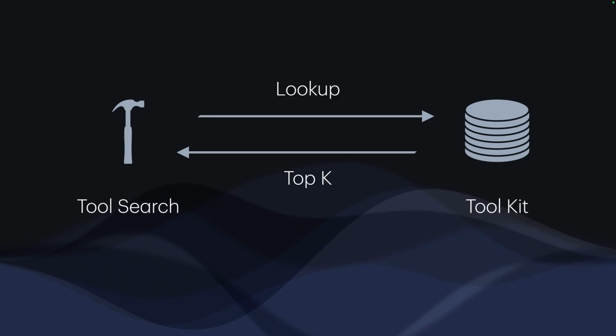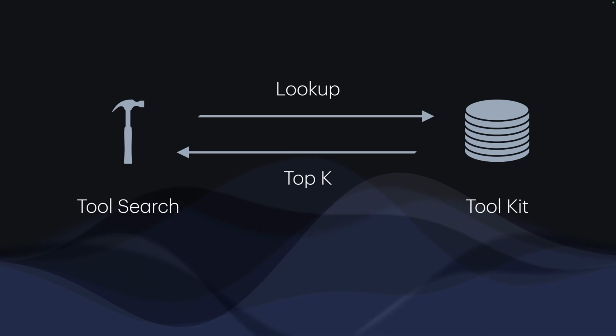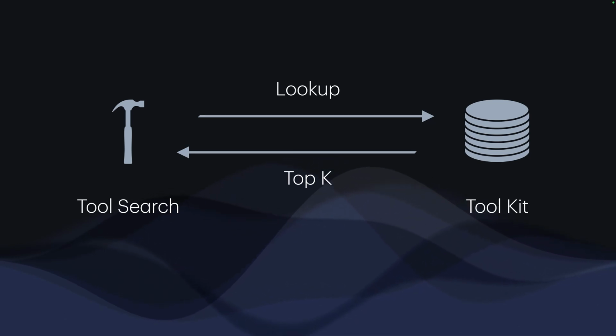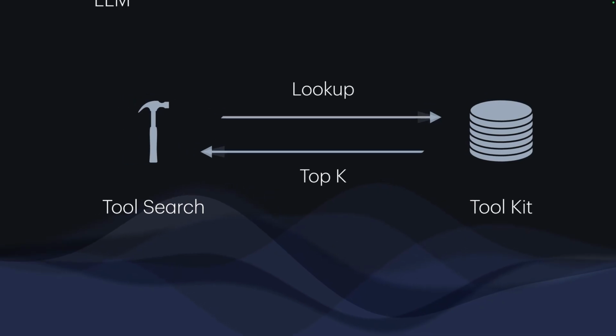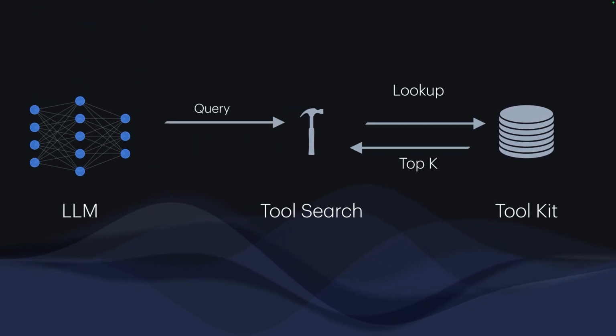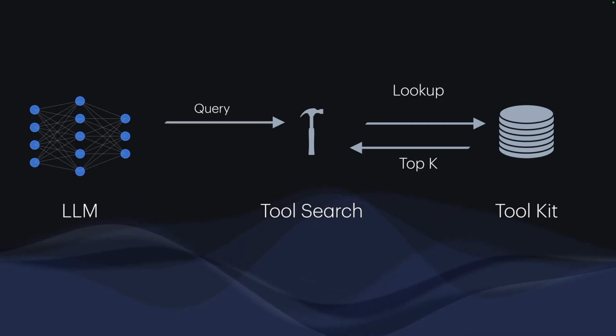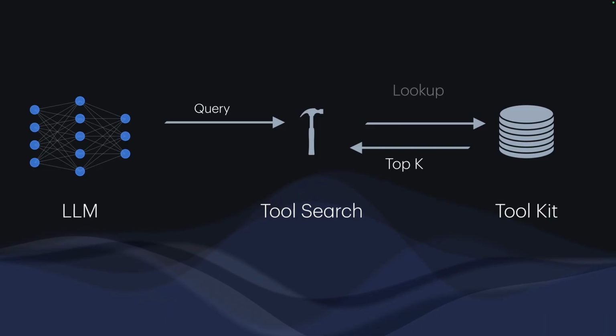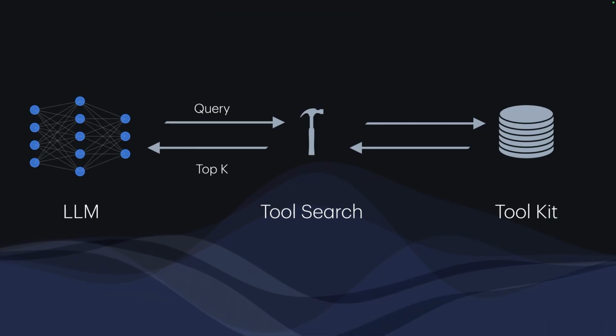So this tool search tool does a lookup from the toolkit and it retrieves the top k tools that are relevant to the query that the LLM has made. From the LLM's perspective, all it has done is pass a query to the tool search tool. The tool search internally has found the top k tools, so it takes them and returns them to the LLM.